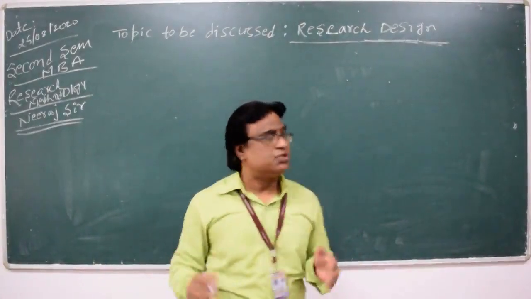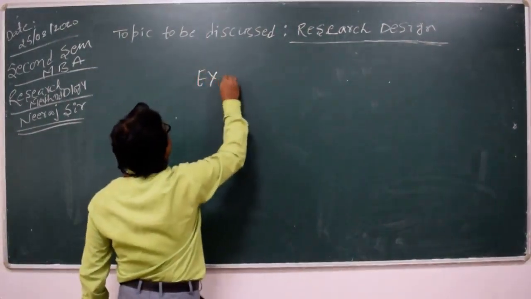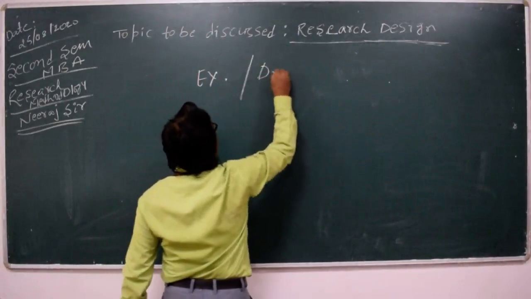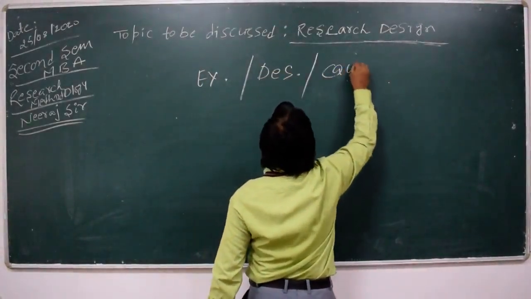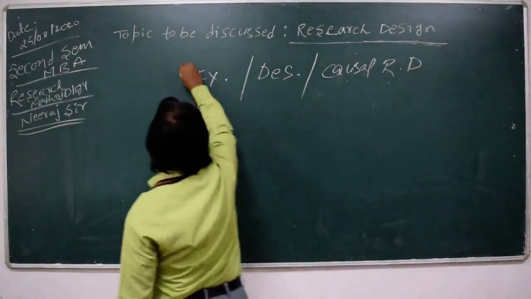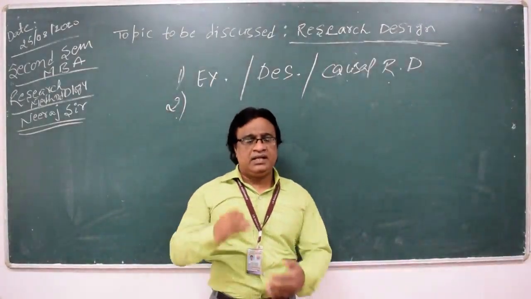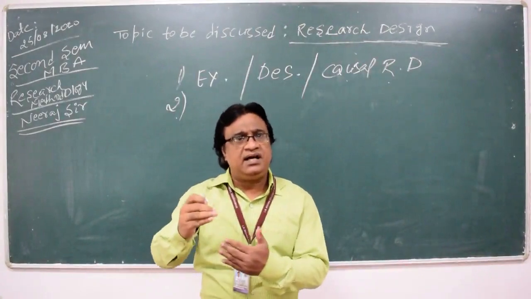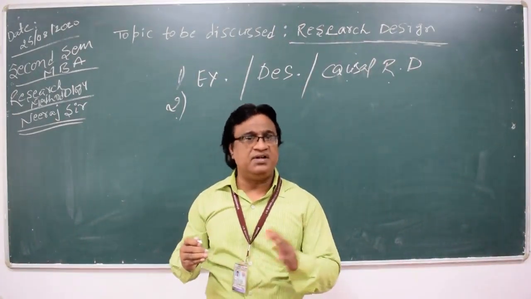So let me write down over here: exploratory, descriptive and causal type of research design. First. Second, we talk about the data which we need for our research project.